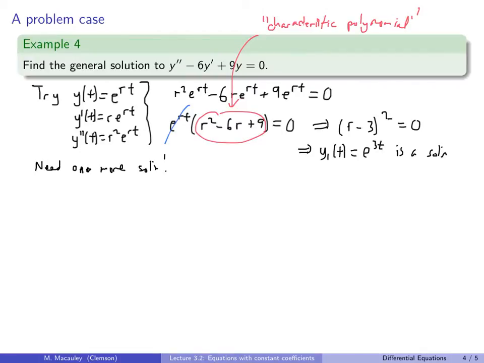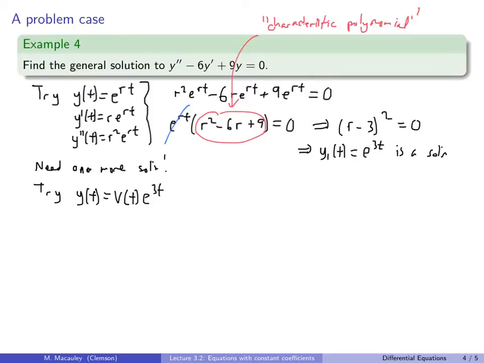So how do we find it? Again, it's not clear where to go from here, but I'll tell you something which always works is try: let's look for something that's a little more complicated than e to the 3t. So how about something of the form v of t times e to the 3t.